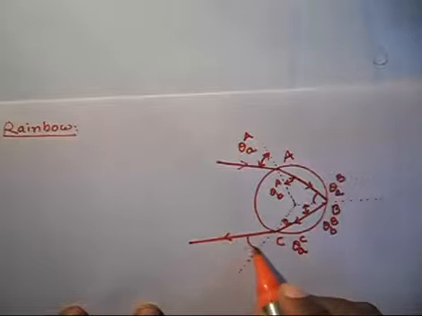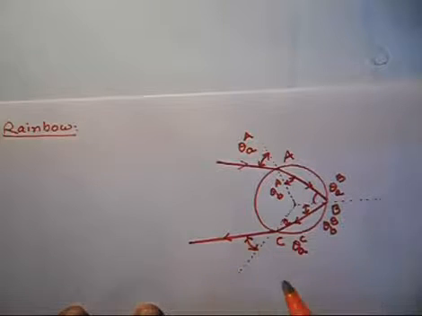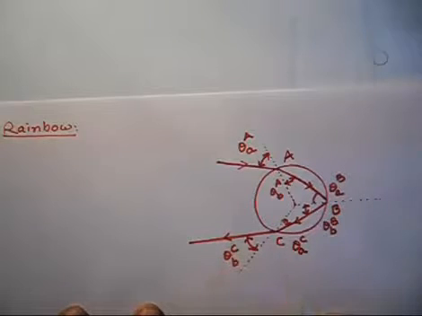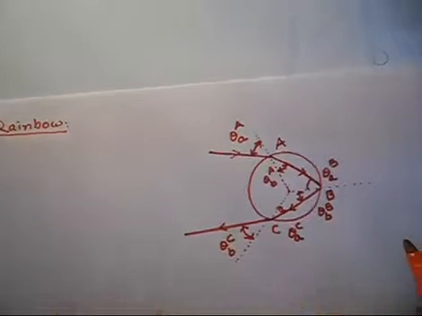Of course this is not horizontal. This angle is again called theta B at C. So these are the diagrams that are given.